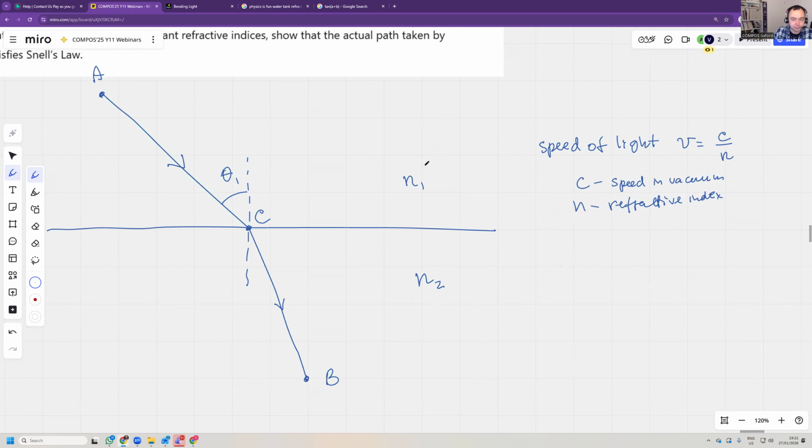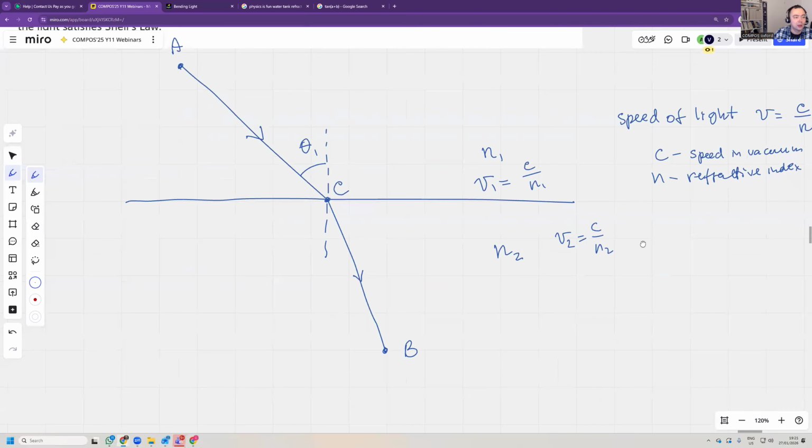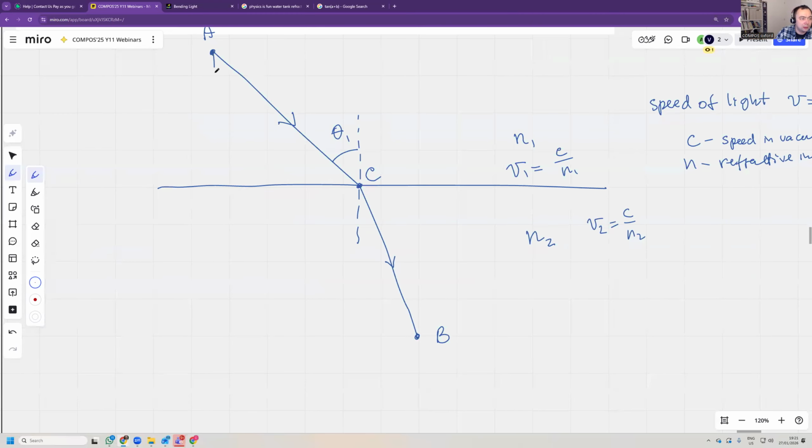Therefore, the speed of light in the first medium is v1 equals c over n1, and in the second medium v2 is c over n2. We'll take 2 triangles here.